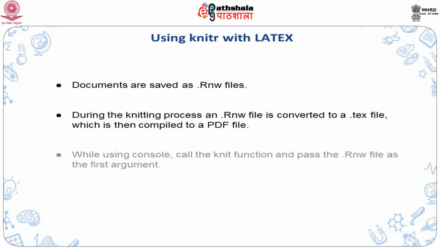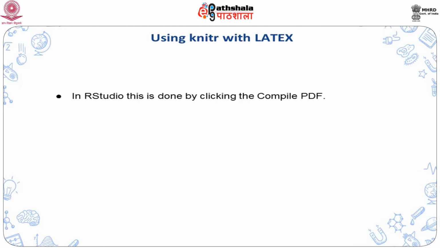Now, if you use the console, this is done by calling the knit function, passing the .rnw file as the first argument. In the case of RStudio, this is done by clicking compile PDF. You will see the compile function there, and if you click it, it will start compiling the PDF.